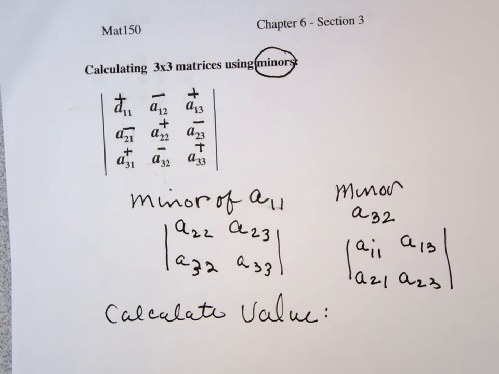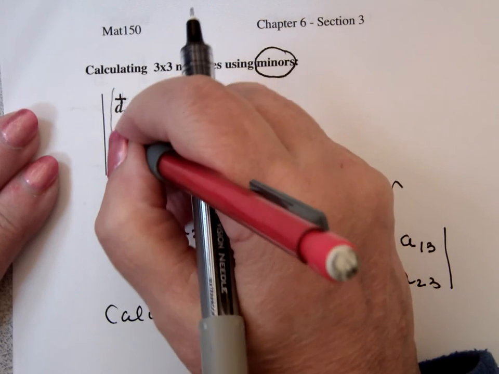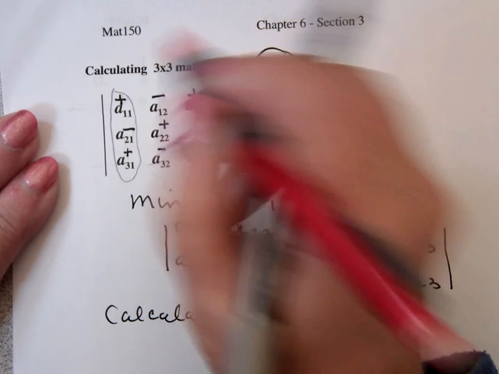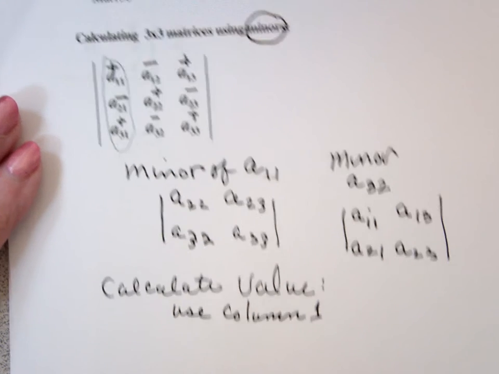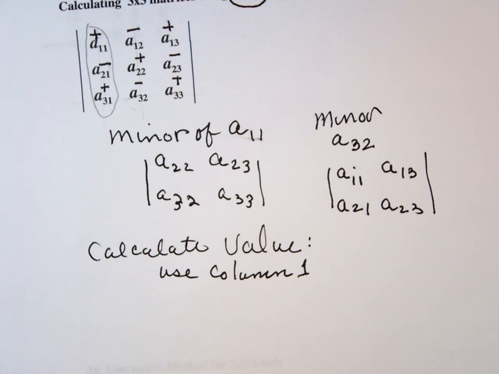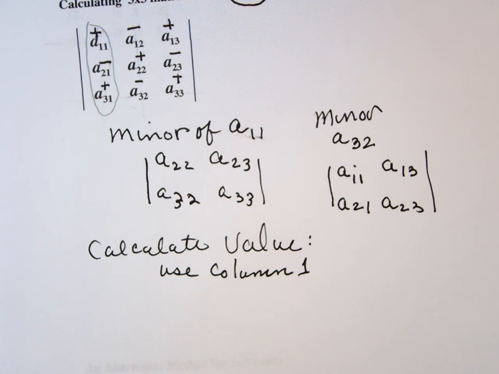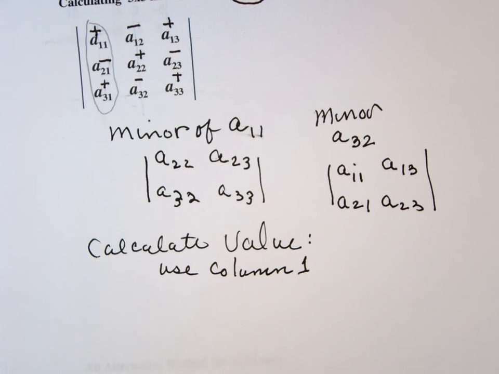And I just pick a row or a column, and I'm going to expand on column 1. Now, the column I normally pick is the one with the maximum number of zeros, maximum number of ones, minimum number of minuses. I look for numbers that are going to be nice and clean. I pick that column or that row.